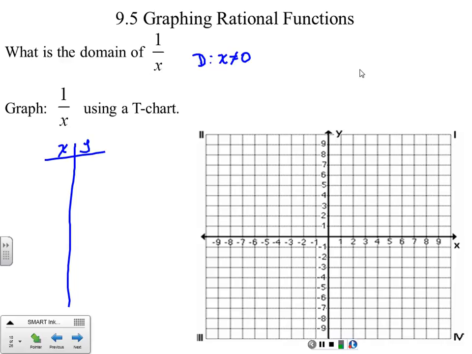But let's go to the right and to the left of it, okay? If we go to the right or left, let's use 1, -1, 2, and -2. That's a great place to start. All right, so 1 over 1, of course, is 1. 1 over -1 is -1. 1 over 2 is 1/2, and 1 over -2 is -1/2.